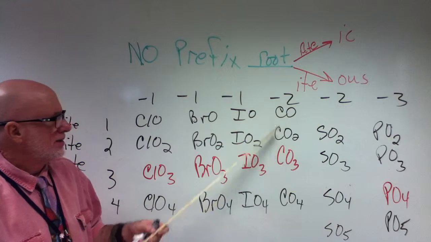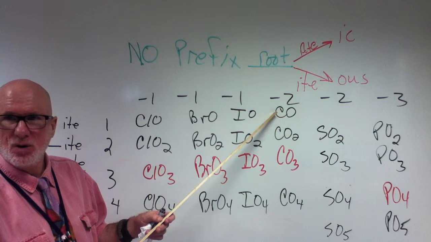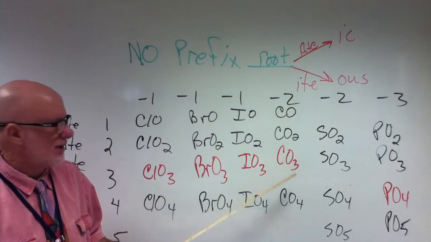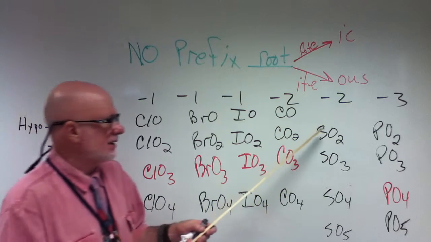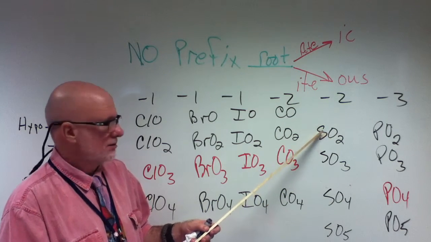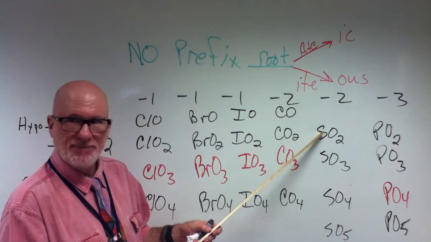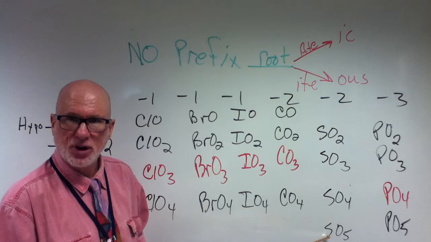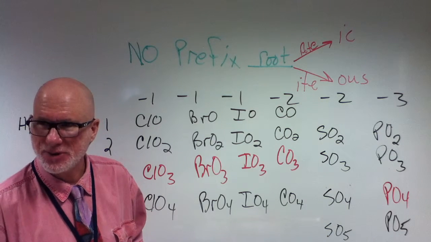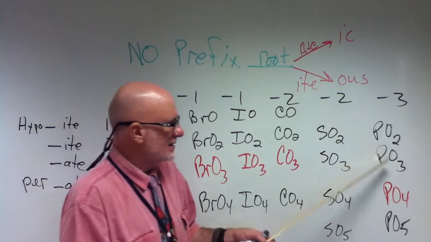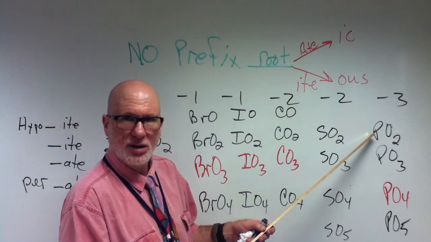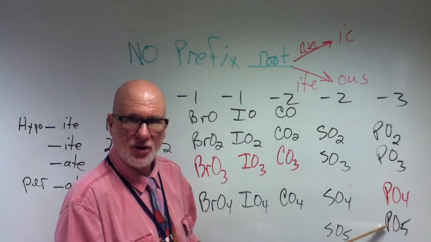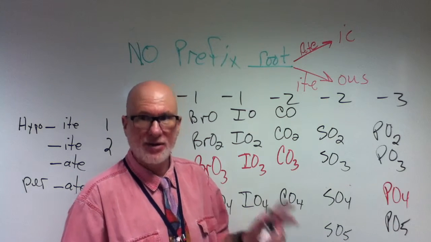This is hypocarbonite, carbonite, carbonate, percarbonate. This is hyposulfite, sulfite, sulfate, persulfate. Some of these don't exist, but they're consistent with the nomenclature. This is hypophosphite, phosphite, phosphate, perphosphate. You get it?